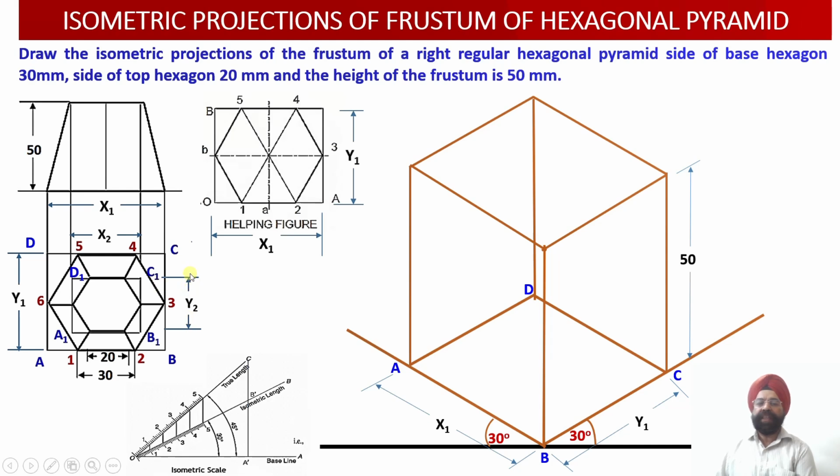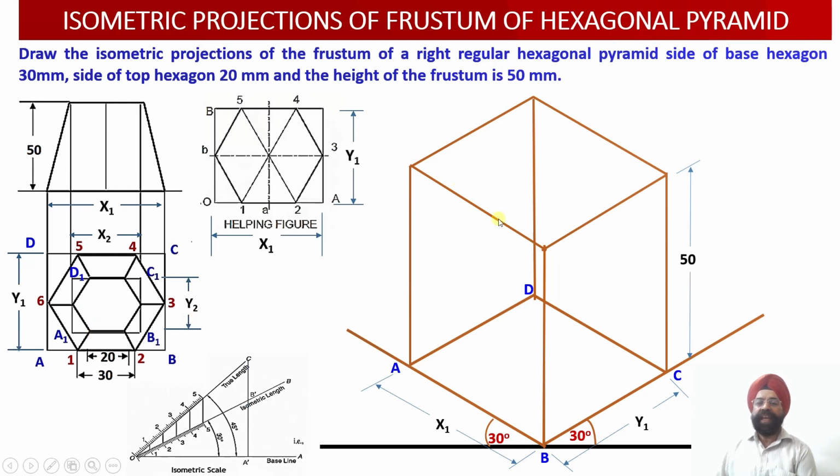So once we obtain this rectangle, in this rectangle also we are going to get this dimension y2, which corresponds to the smaller rectangle inscribing this smaller hexagon of the frustum top, right? So this y2 is also smaller than y1.